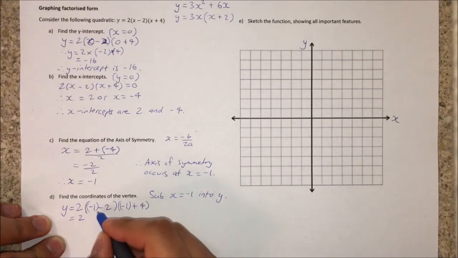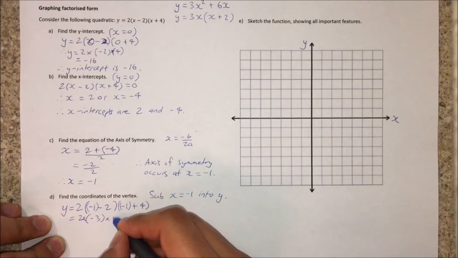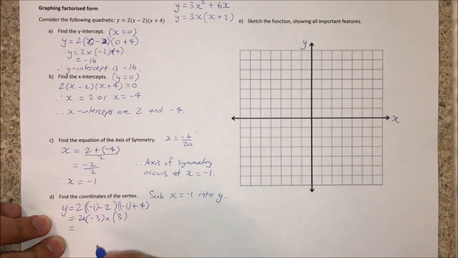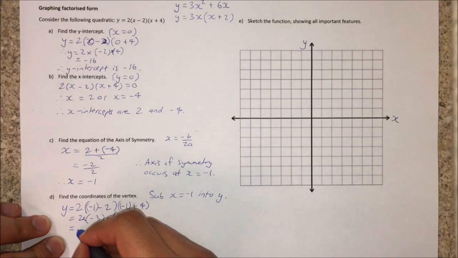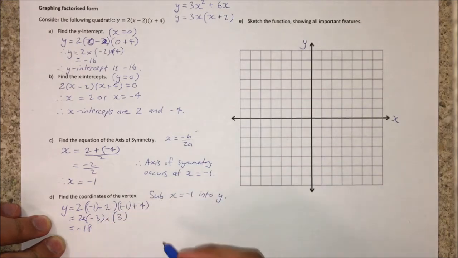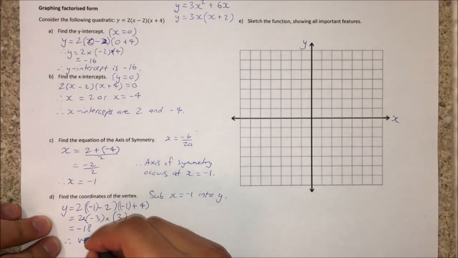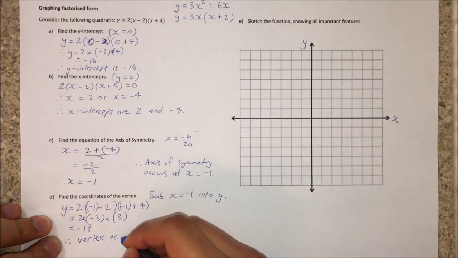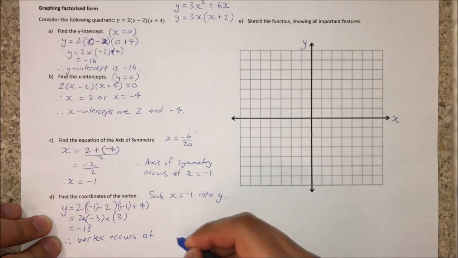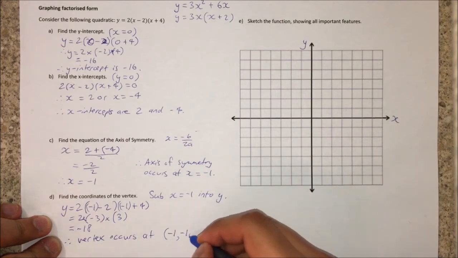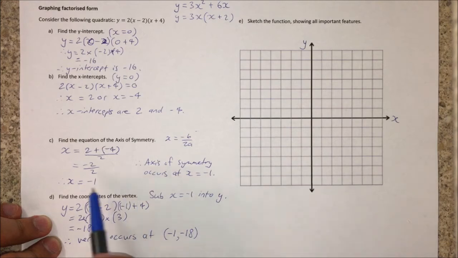So it's going to be equal to 2 times negative 1 take 2, which is negative 3, and negative 1 plus 4 is 3. So the y coordinate of the vertex is going to be 2 times negative 3, which is negative 6. Negative 6 times 3 is negative 18. So therefore the vertex occurs at negative 1, negative 18. So we know our vertex, we know our axis of symmetry, we know our x-intercepts and our y-intercept.